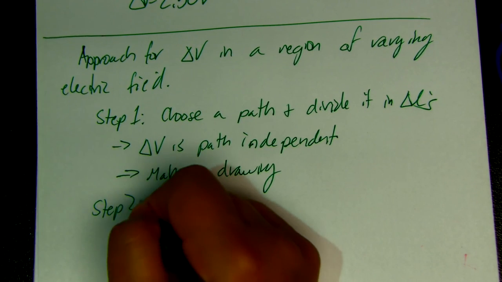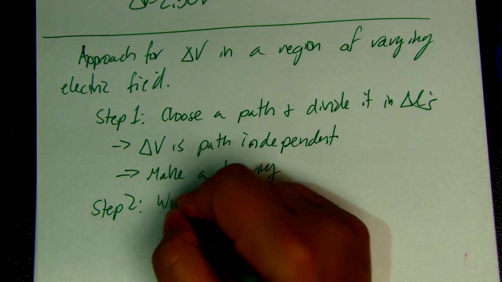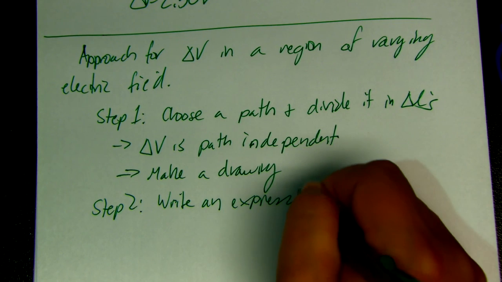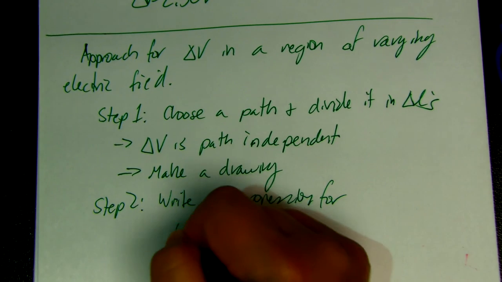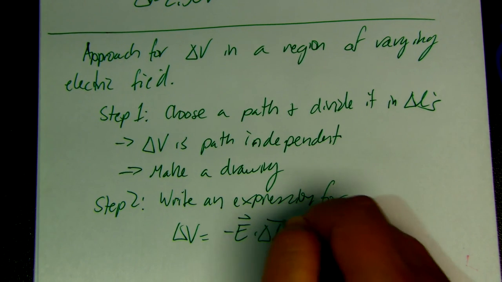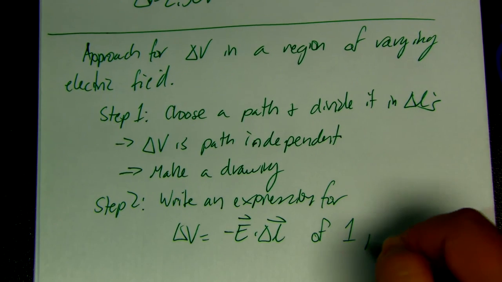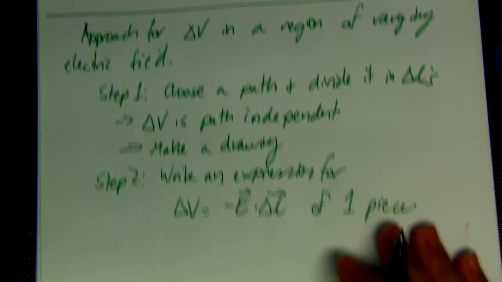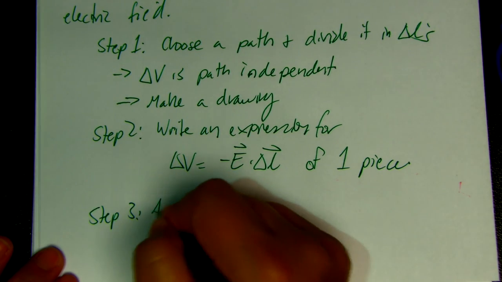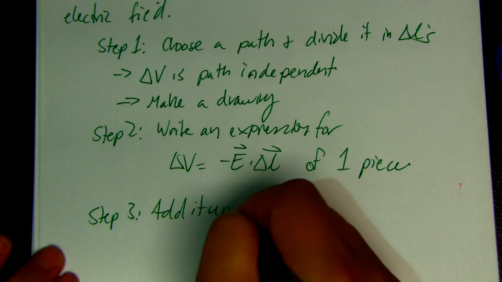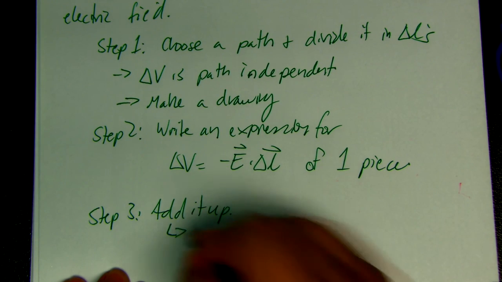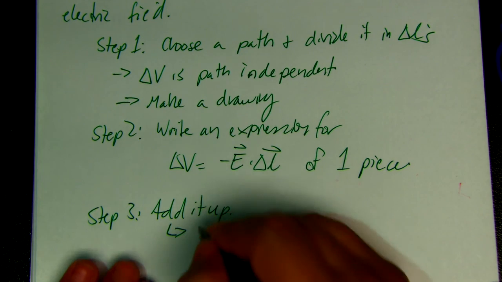Step 2, you want to write an expression for delta V is equal to minus E dot dl of 1 piece. And step 3, add it up. Sometimes you're just going to do a straightforward addition, and sometimes you're going to use an integral.